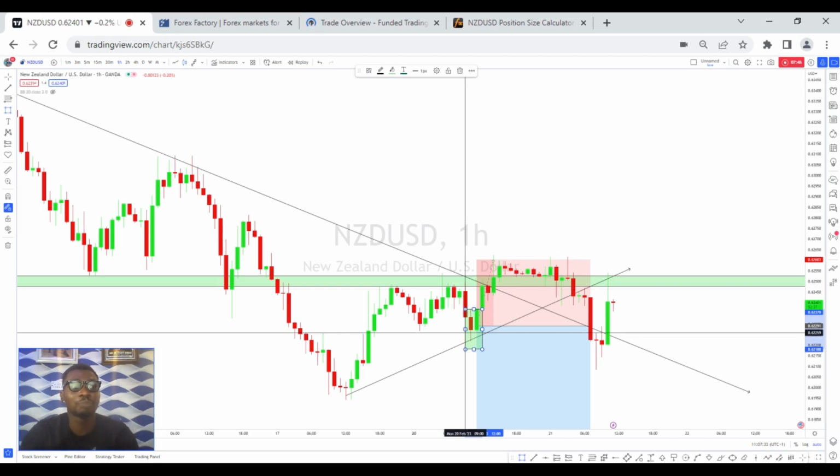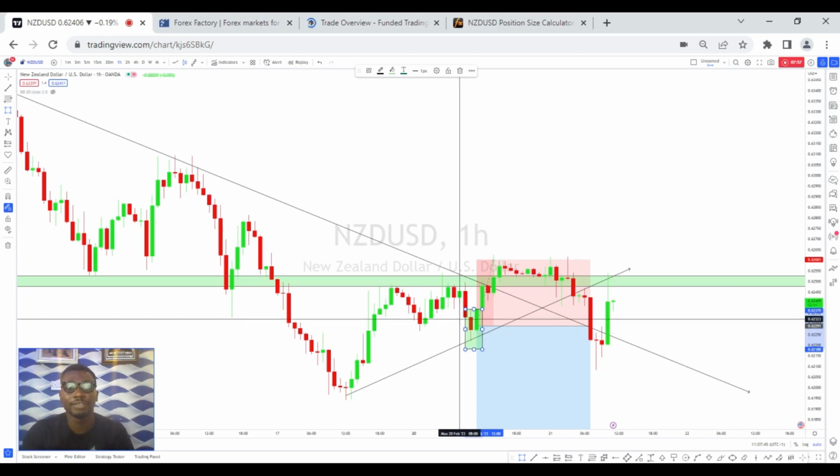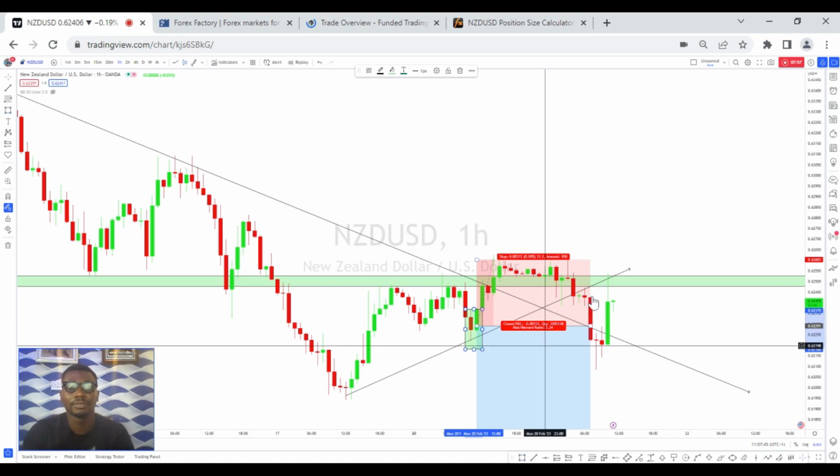So if I had been patient enough, I would be able to review my chart and then wait for the right opportunity for me to execute this market. If I had waited a little bit longer, I would have come to this very point, then placed my sell entry.